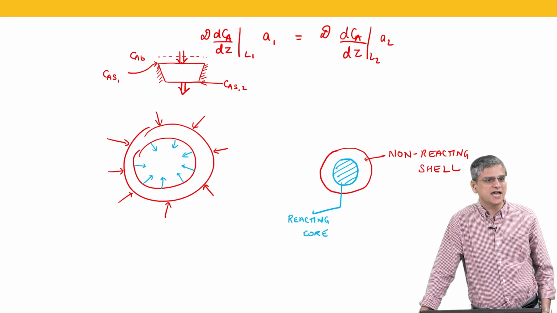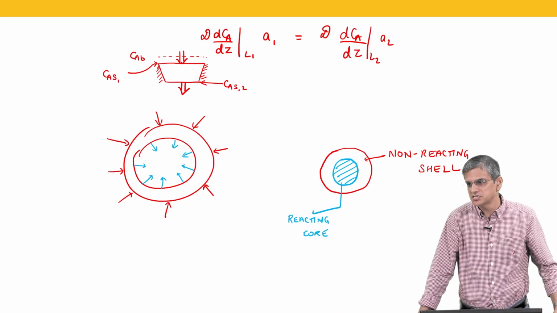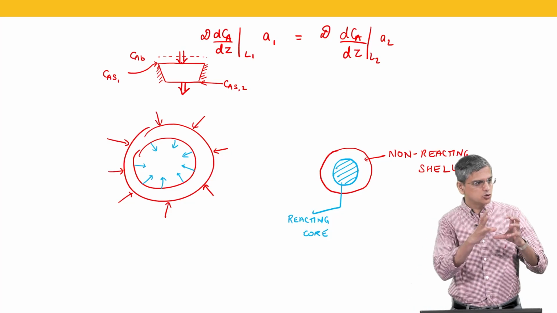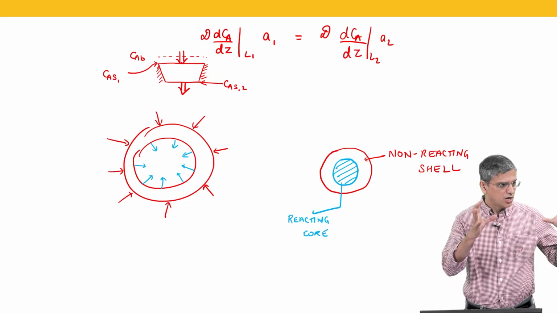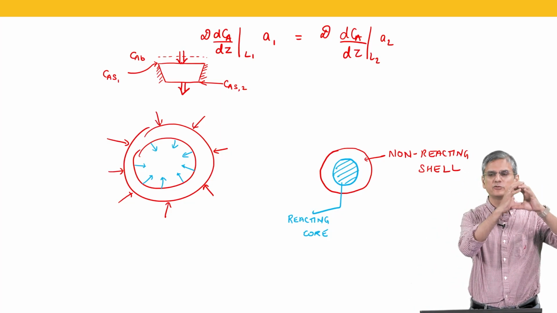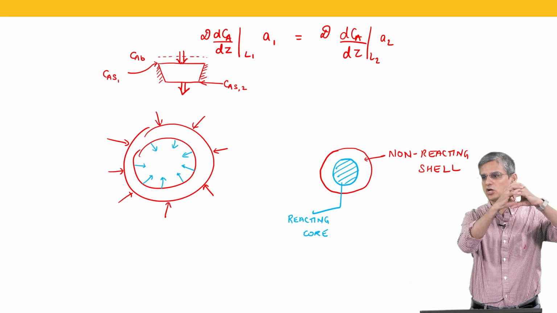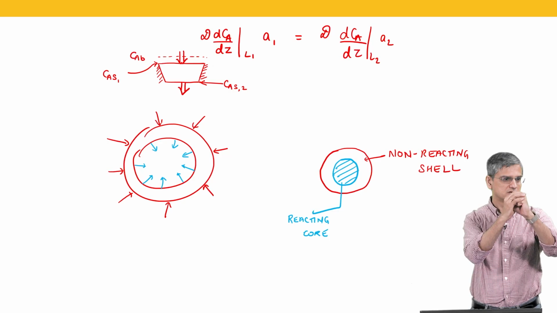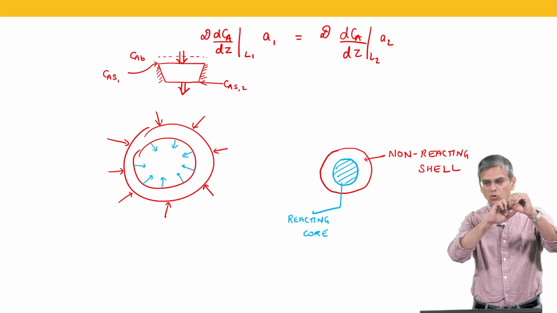So let's say the reaction is very fast, or reaction is taking place only on the surface. Then how does the reacting core shrink? You can think of it almost as a solid core, and it keeps getting smaller and smaller. There's a reaction only taking place on the surface.